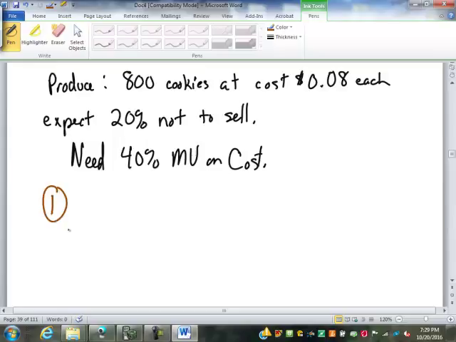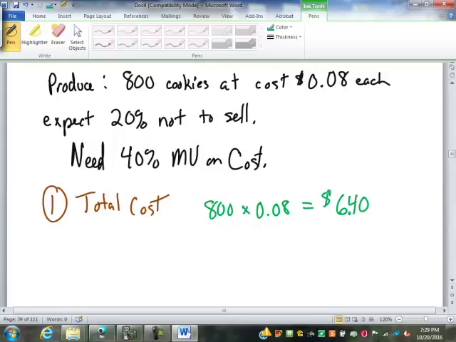So what's my first step? You got it. Total cost. So 800 times 0.08, which is $64 or $6.40? $6.40.